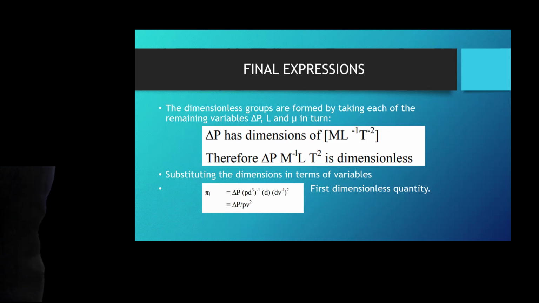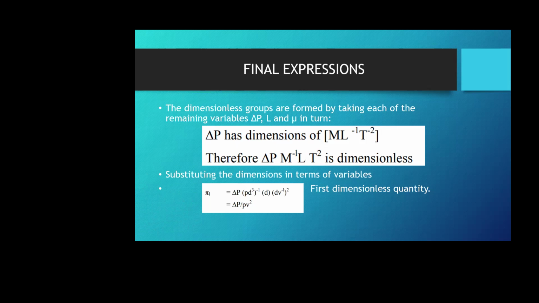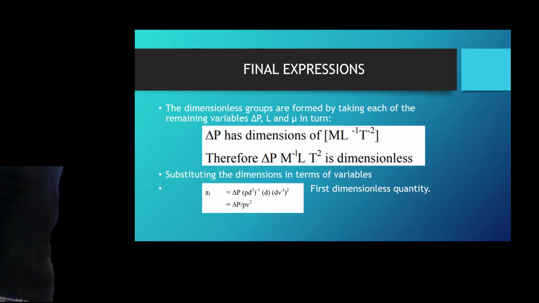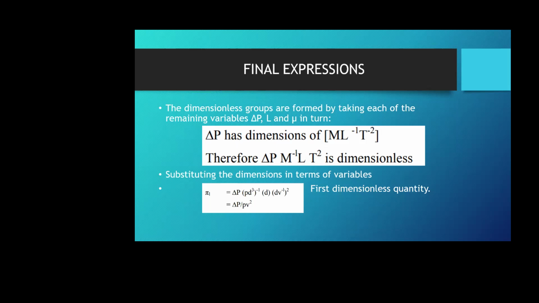L is D. And T is (D V to the minus 1) squared. So at the end, you multiply this. This is 1 over P. This is D cubed in the denominator, and it will cancel one D here and the square here. So D disappears. And V to the minus 1 squared goes to the denominator, V squared. And delta P was here since the beginning. So you have this dimensionless expression.